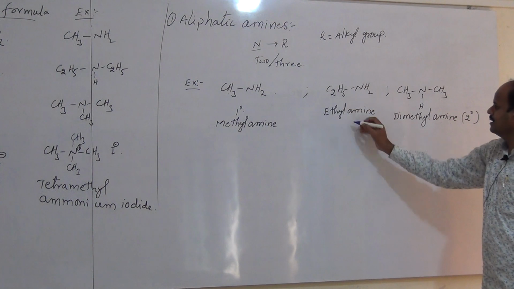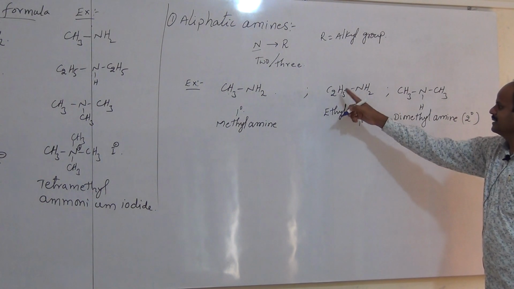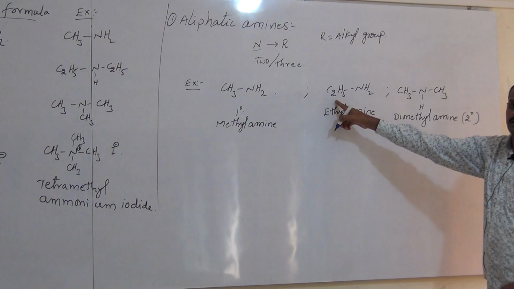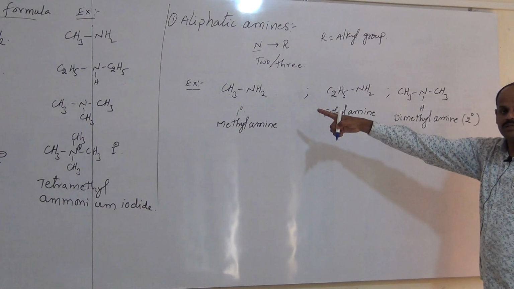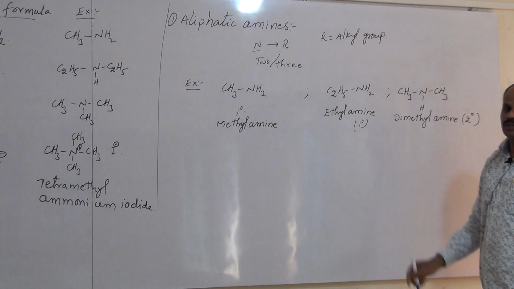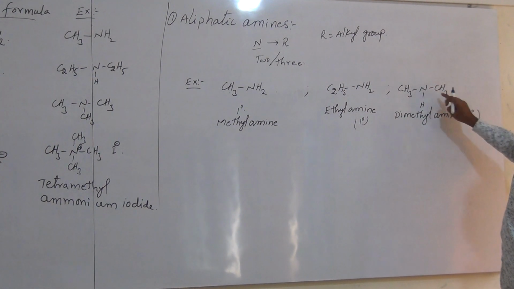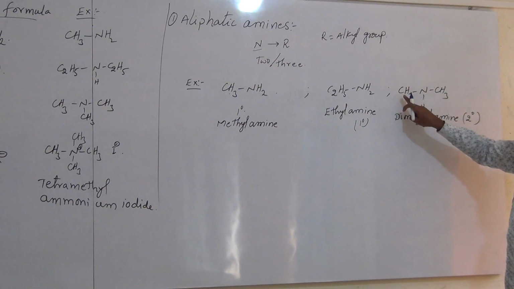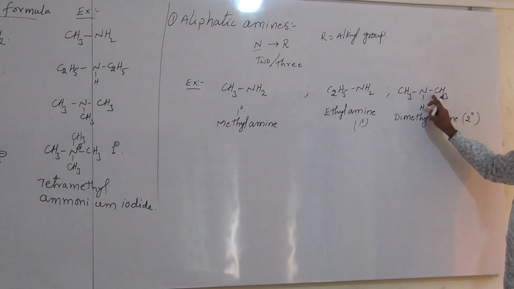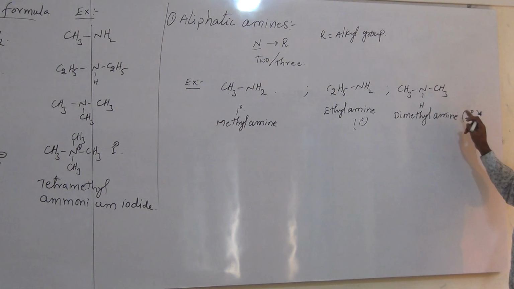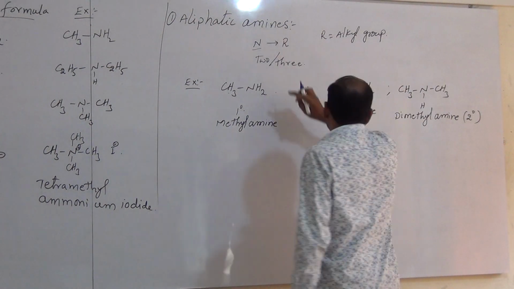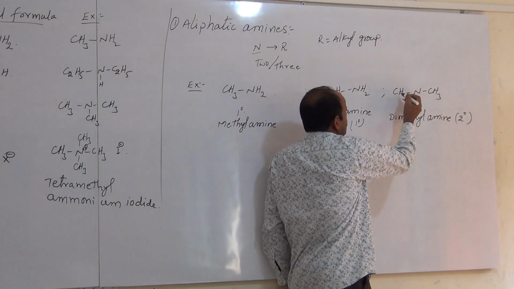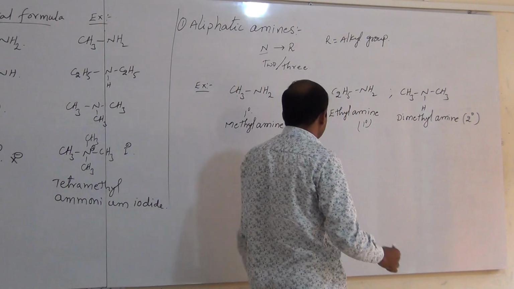And this one is a primary amine because the nitrogen atom is attached with only 1 alkyl group. The first example is also primary because the nitrogen atom is attached to 1 alkyl group. But in this compound, the nitrogen atom is attached to 2 methyl groups, that is 2 alkyl groups. Hence it is a secondary amine.